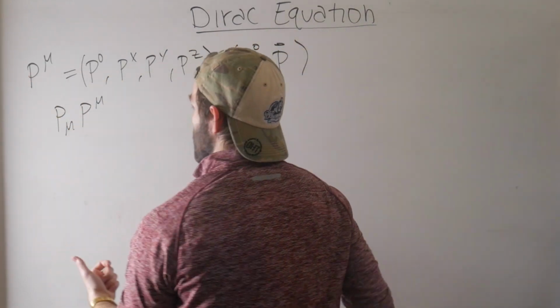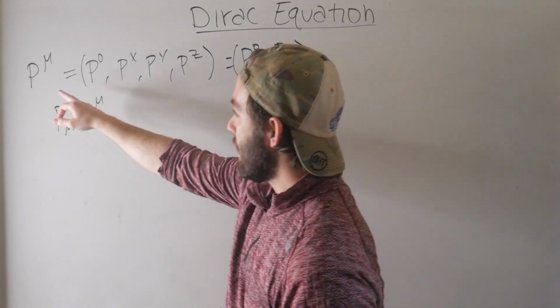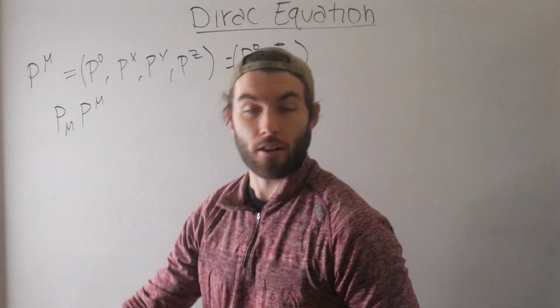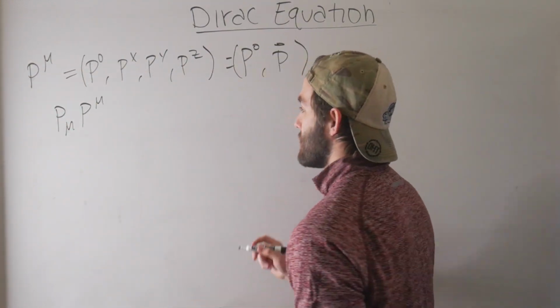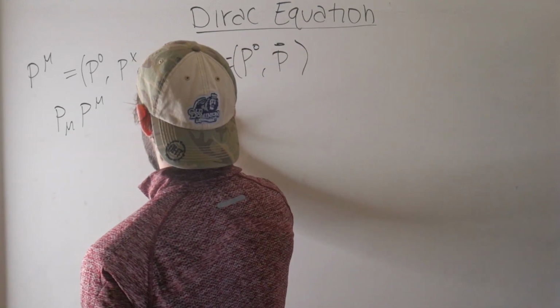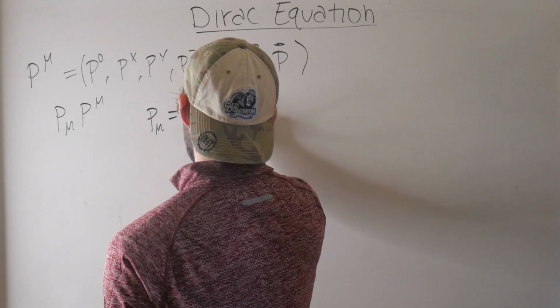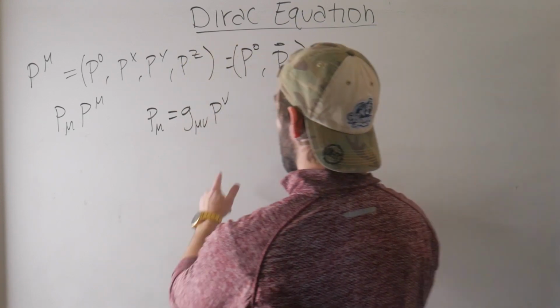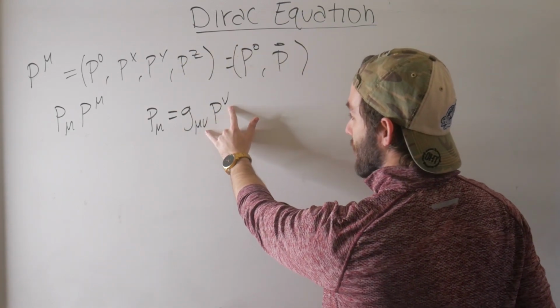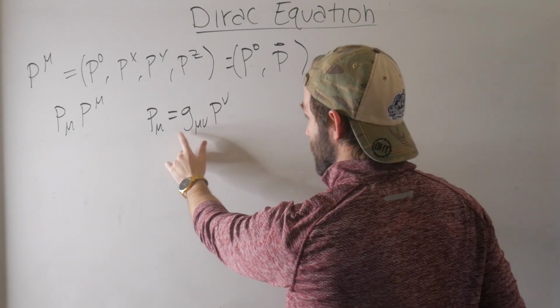What is it with downstairs indices? Well, if we want to write a contravariant vector downstairs instead, we can do that by applying the metric tensor. So we can define p_μ equal to g_μν p^ν. So we're summing over this upper index, and then all that leaves is something with a lower index.